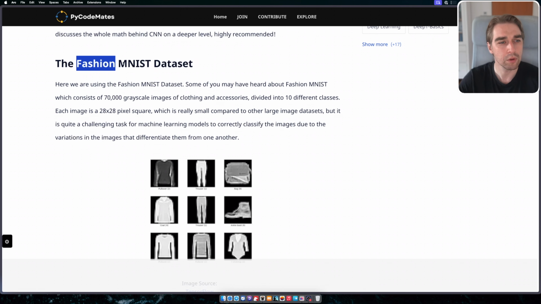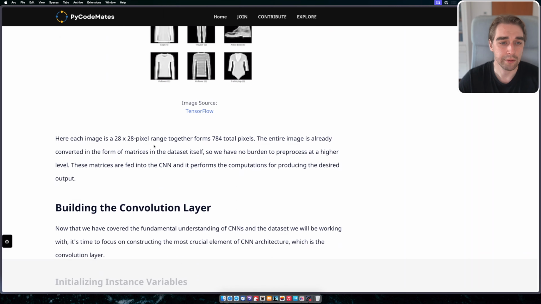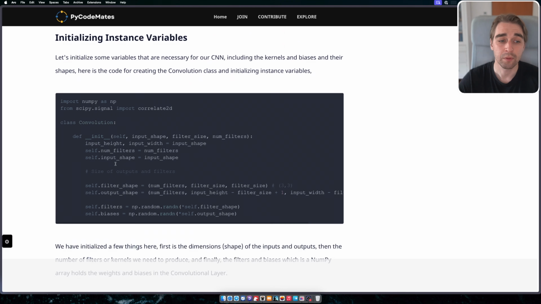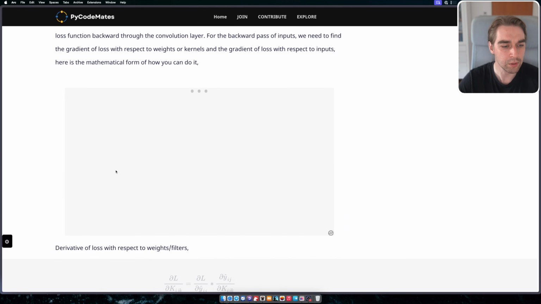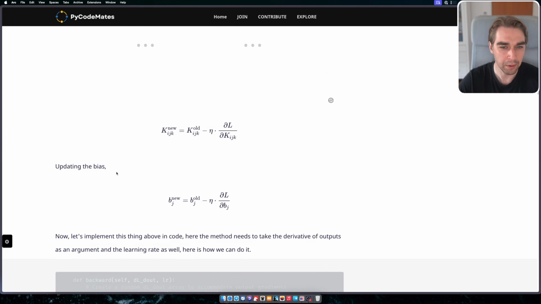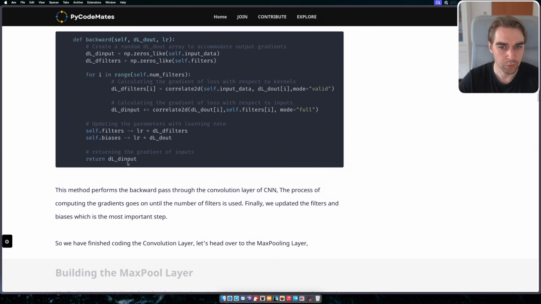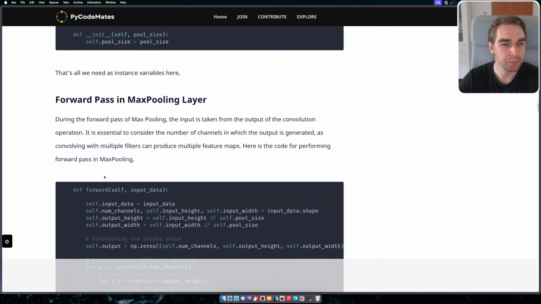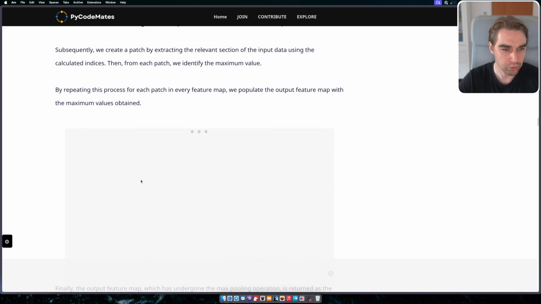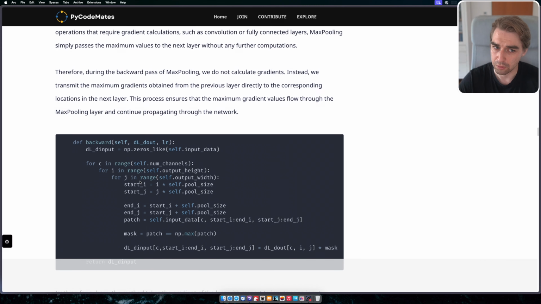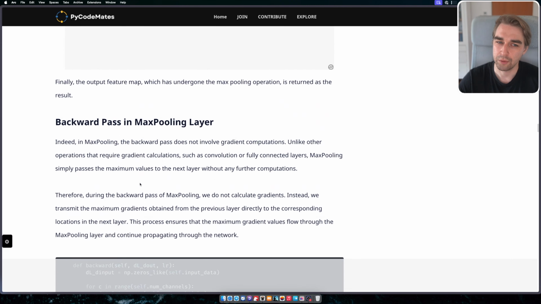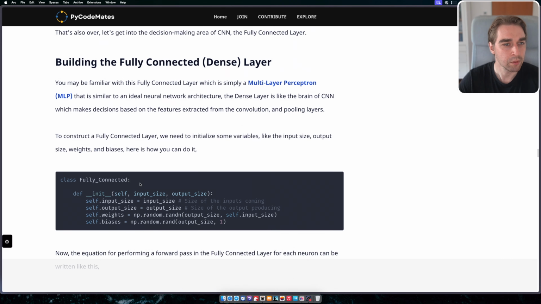They use the Fashion MNIST dataset to build the classification, and then there is the convolution building, there is a forward pass, there is the backward pass. Then building the max pool layer, with its backward pass as well.